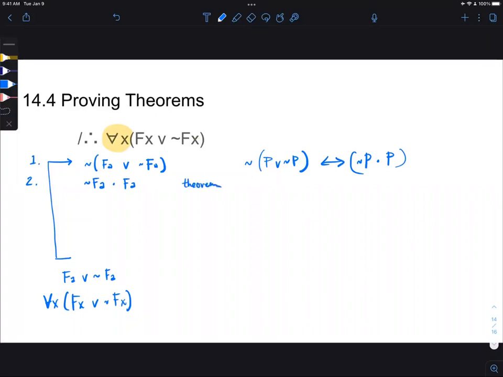But I don't believe that the proof checker allows us to use theorems. And I am not confident. I don't see theorems listed anywhere in the proof rules. I'm not sure. If you find out otherwise, definitely let me know.